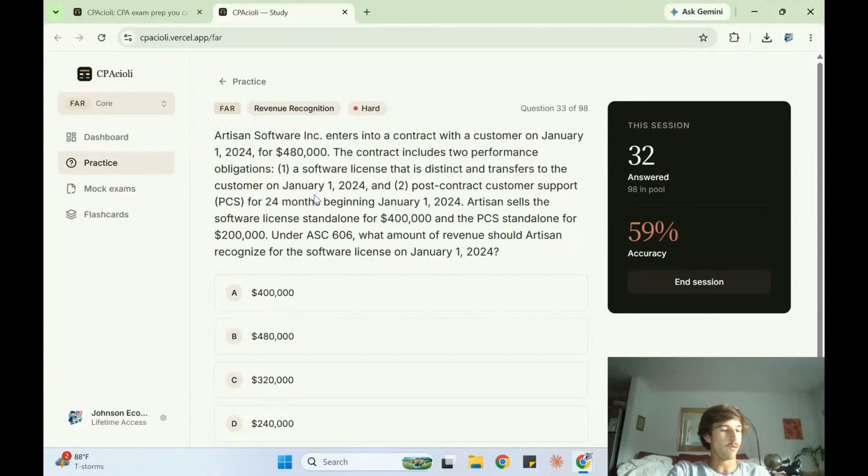So it would be 400 divided by 400 plus 200, which is 600, times the 480. So I believe it's 320,000.